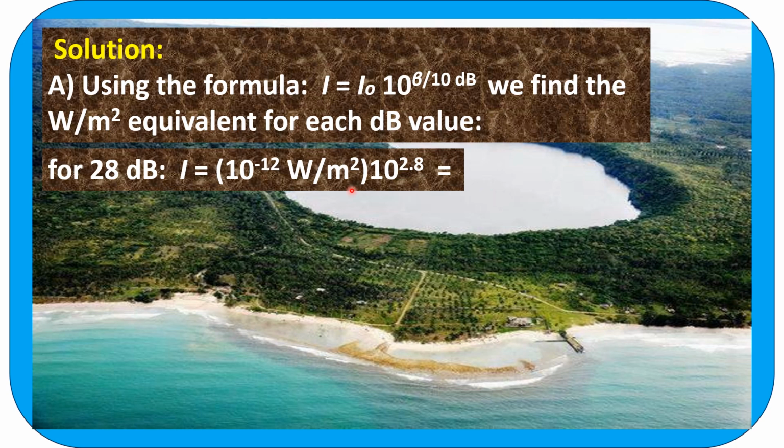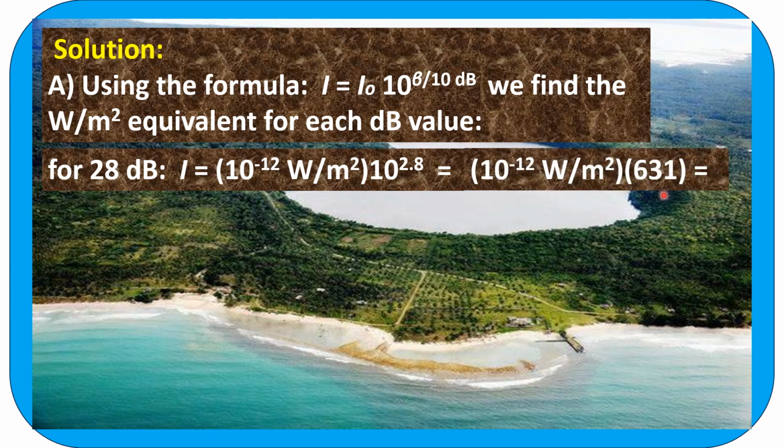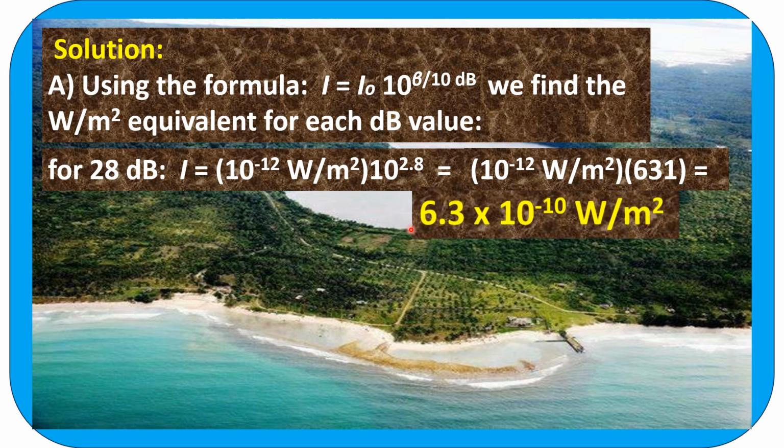And with the help of your scientific calculator, the equivalent of 10 raised to the power 2.8 is equal to 631. So that will be multiplied to the value of I naught, 10 raised to the negative 12 watt per meter squared, and we get the value for the intensity corresponding to 28 decibels, and that is 6.3 times 10 to the negative 10 watts per meter squared.